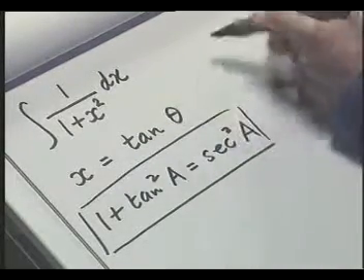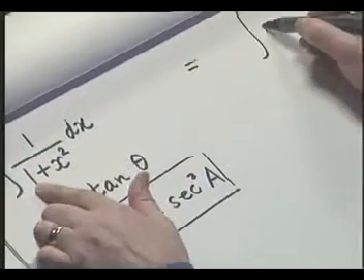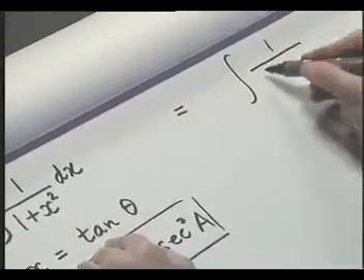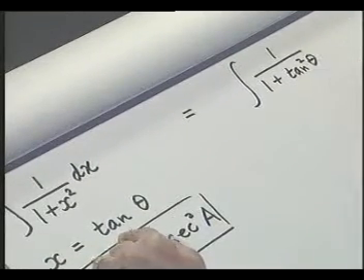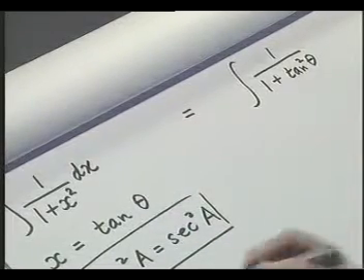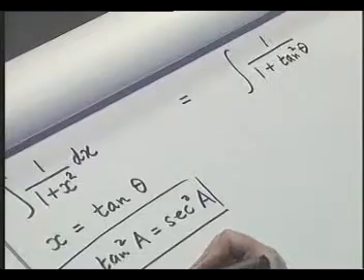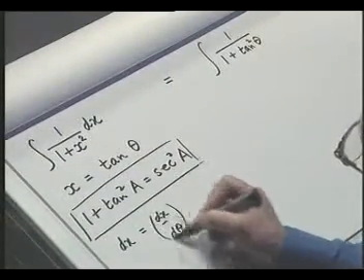If we let x be tan theta, the integral is going to become 1 divided by 1 plus x squared will become 1 plus tan squared theta. And we have to take care of the dx in an appropriate way. Now remember that dx is going to be given by dx d theta multiplied by d theta.